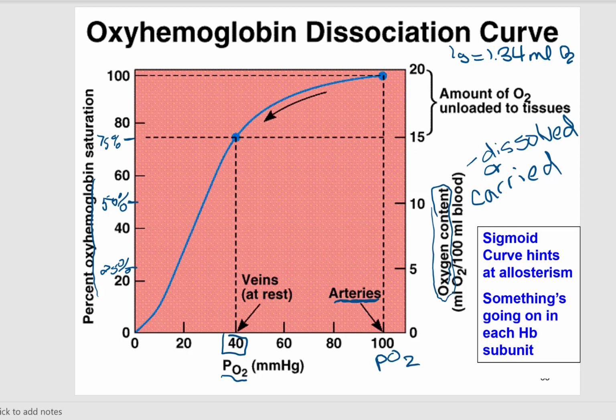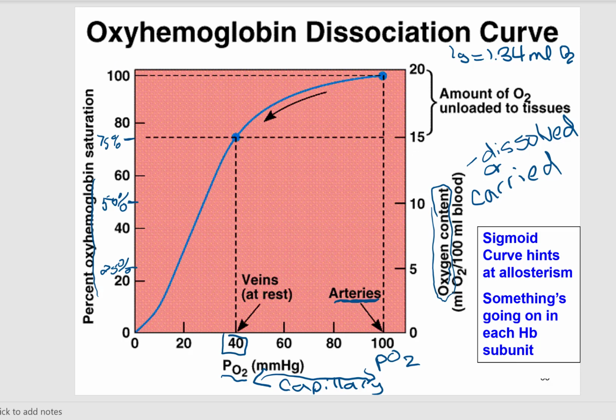Now let's look at what happens when a red blood cell travels through a capillary, from the arterial end to the venous end. So I'm writing down the word capillary here. And the question is, how many molecules of oxygen will come off of the hemoglobin when this partial pressure changes?